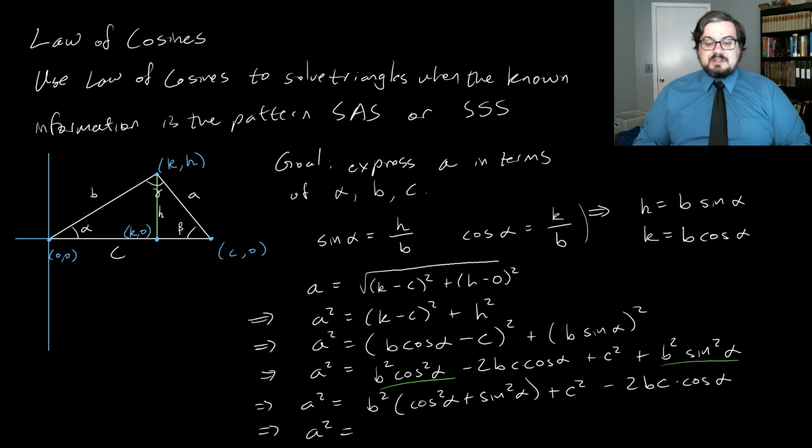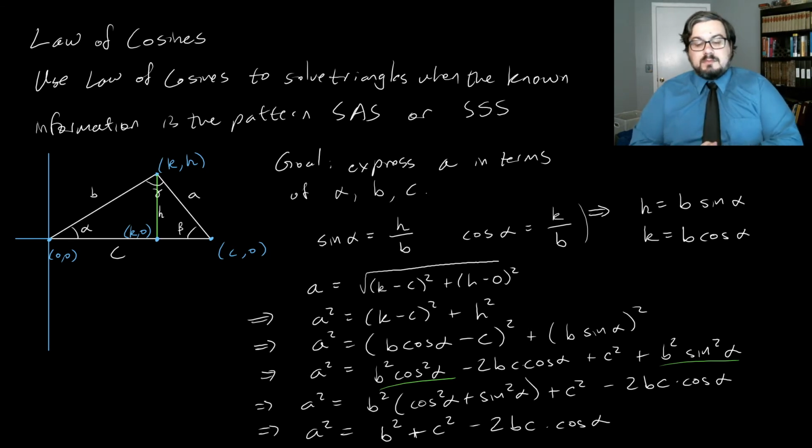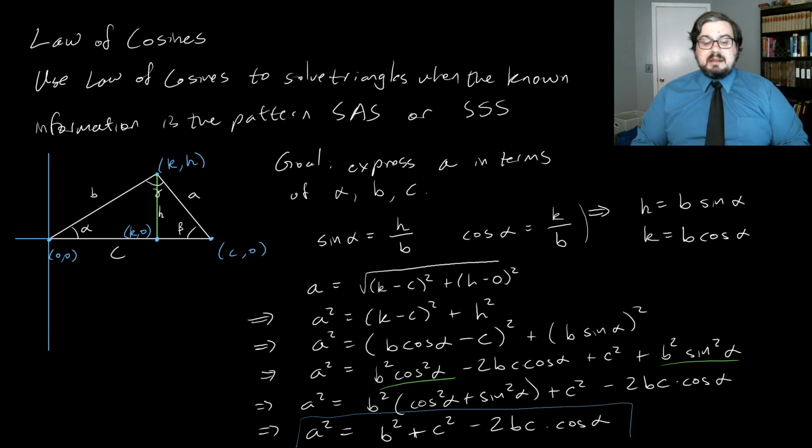Well, that gives us that a squared is equal to, now cosine squared alpha plus sine squared alpha is 1. So this first part is just b squared times 1, so we just get b squared plus c squared minus 2bc times cosine alpha. And so this gives us the formula for the law of cosines, which I'll write down in just a second on the next page.